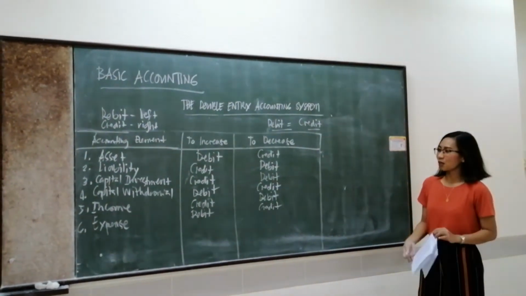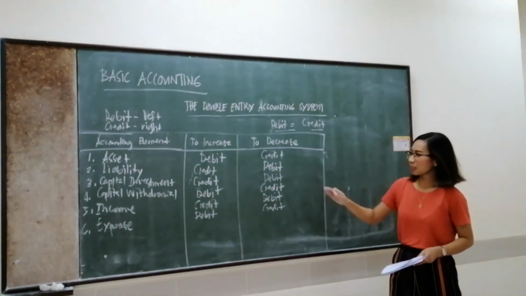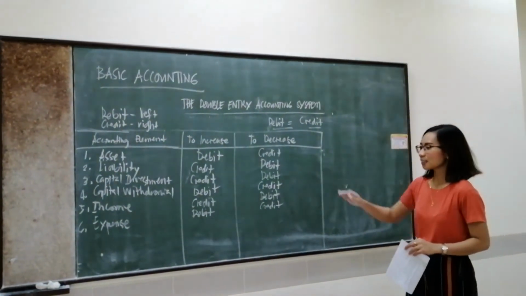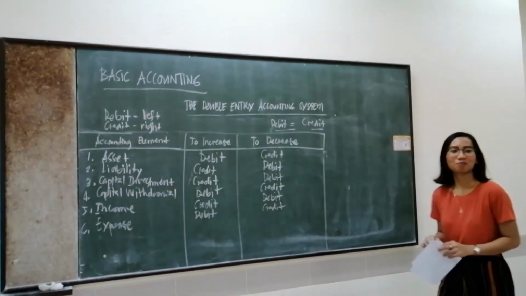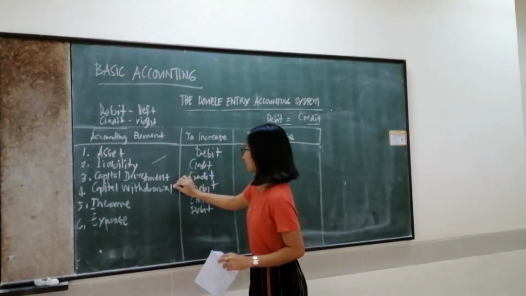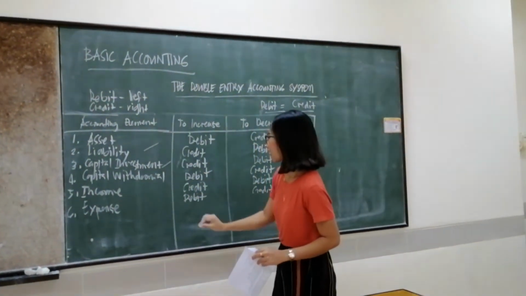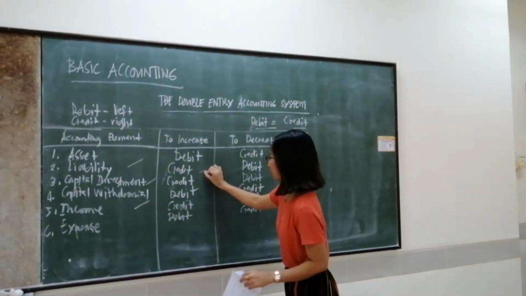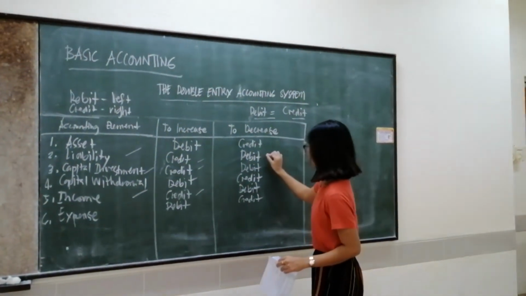Now, as you can see on the board, what are the accounting elements that have the same rule to increase and to decrease? The liability, capital investment, capital withdrawal, and income. So they're the same, right?